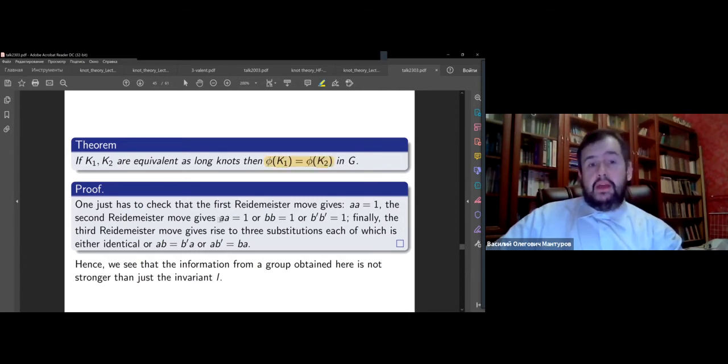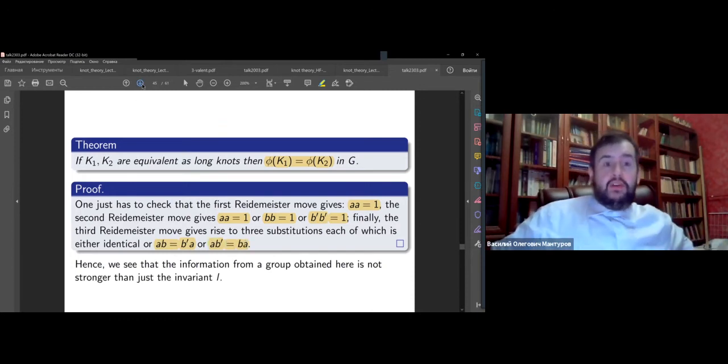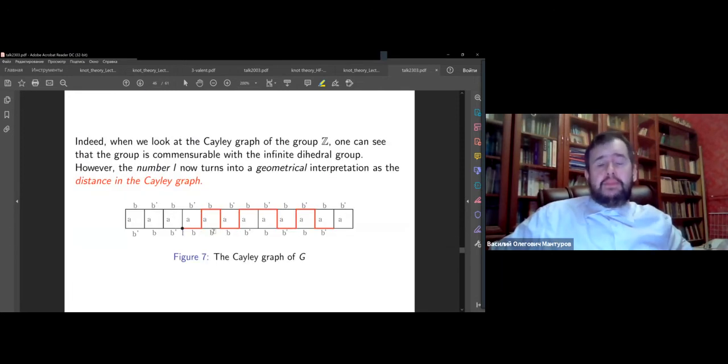And here is just the formal theorem. You can see that Reidemeister 1 gives us only this, and Reidemeister 2 can give either variant of those three, and finally Reidemeister 3 can give us one of those. And this is exactly the definition of the relations. Of course, in this group, I can express B prime in terms of A and B, but for me it's more convenient to do so.